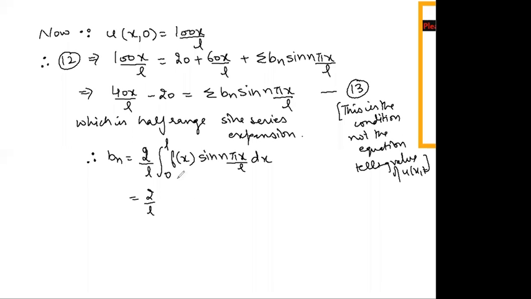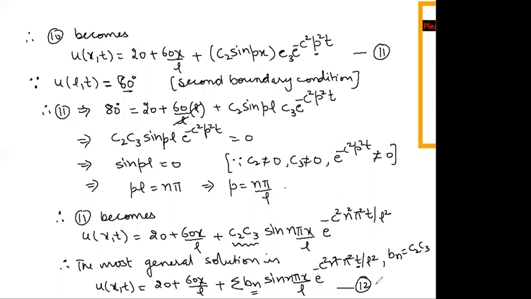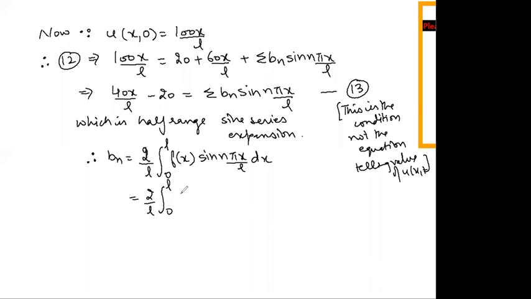Now in this it is only calculation, nothing else. So Bn will be found and we will put it in equation number 12. So from 0 to L, what is f(x)? f(x) is this value whose half range sine series expansion is this: 40x by L minus 20.